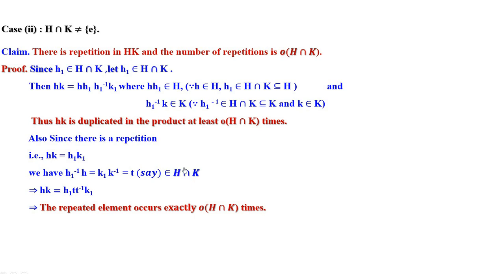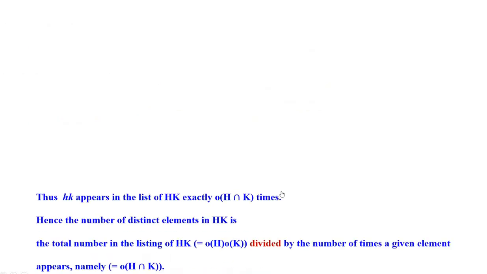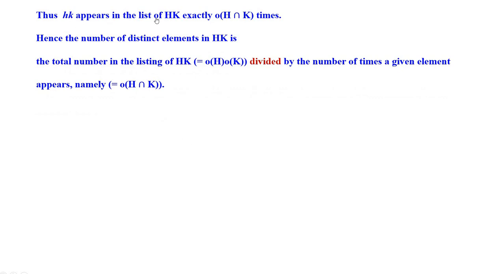You cannot ask for however many elements you have in the intersection. So many ways only you can write your hk like this, not more than that. So the repeated element occurs exactly order of H intersection K times. Now, you have hk appearing in the list HK exactly order of H intersection K times.